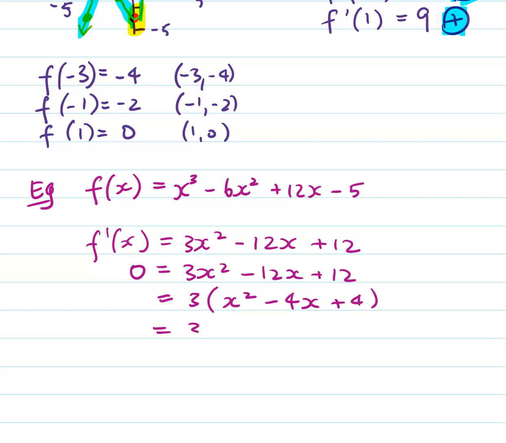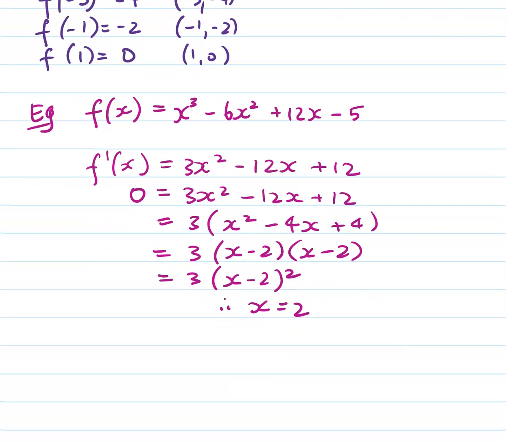And I find that I've got an x value of 2. Okay, so what that tells me is that I have one stationary point in this function and that it's at x equals 2.